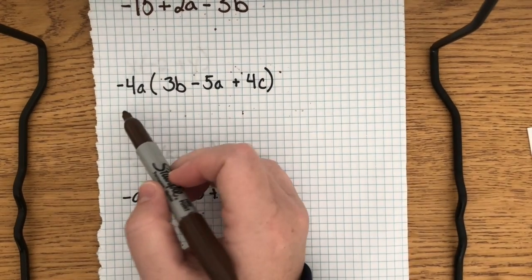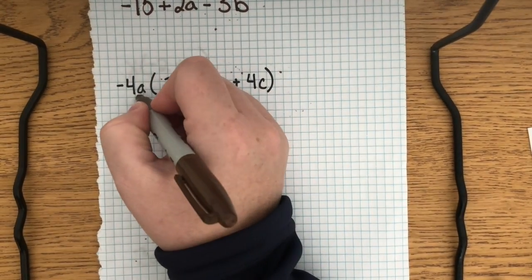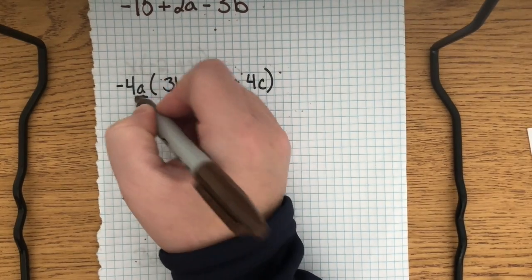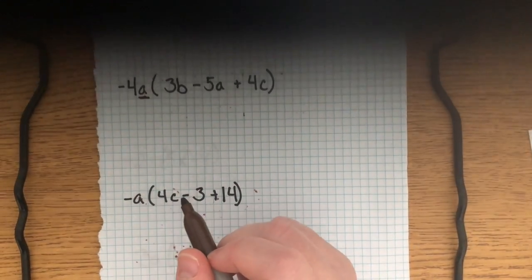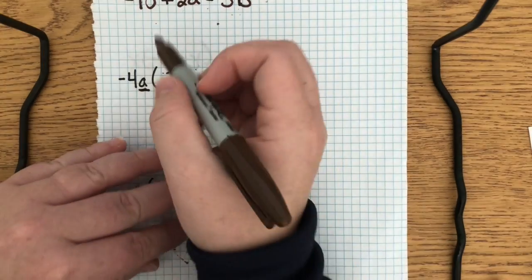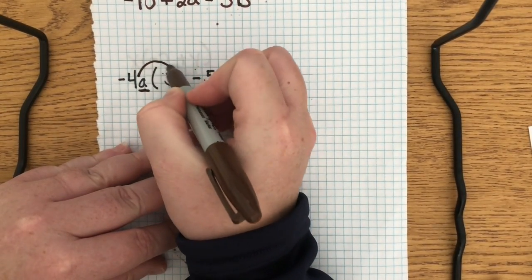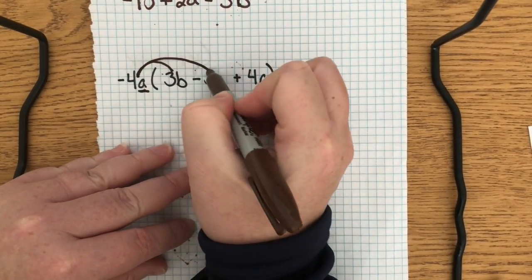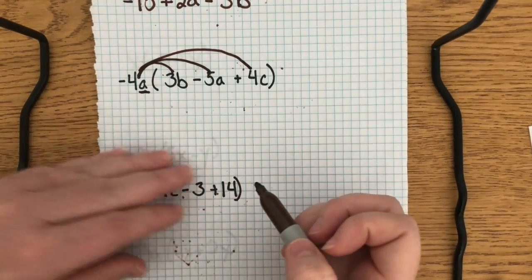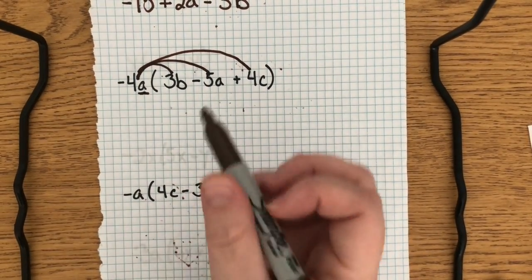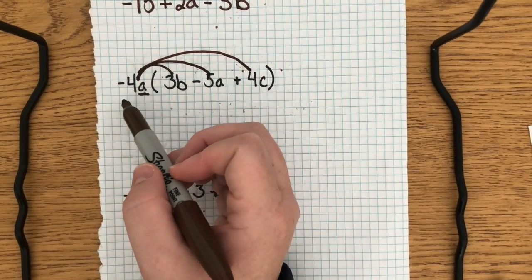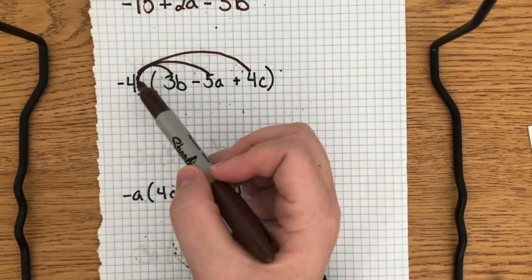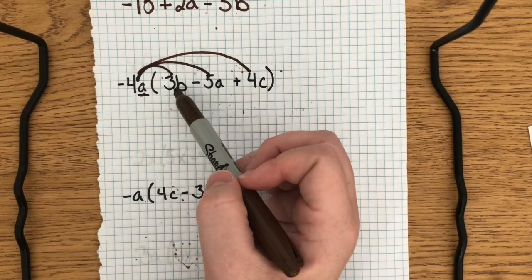Next one, -4a. The variable is with the 4, so the variable has to also be distributed. So yet again, distribute to the first term, second term, third term. Now, this has a negative attached to it. So now I go -4 times 3.